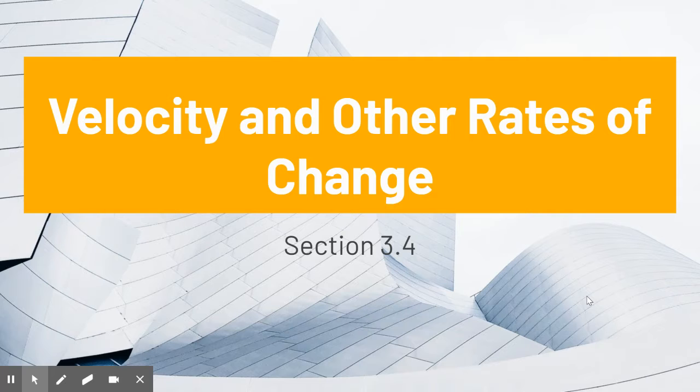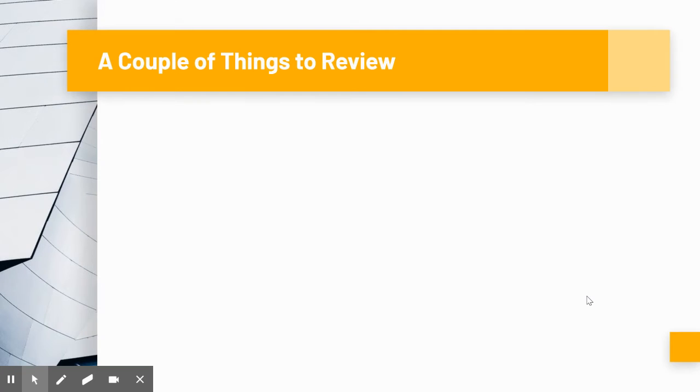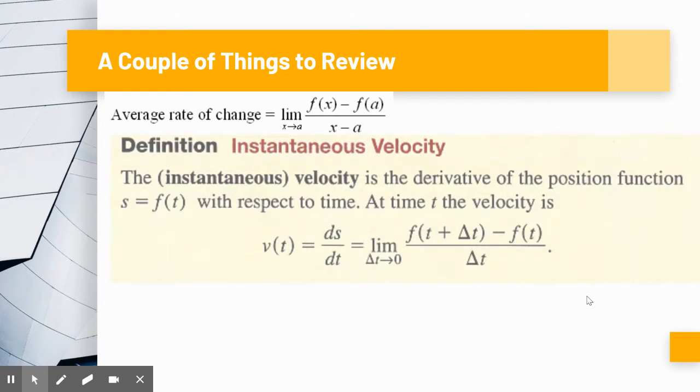So here we go. There are a couple things that we need to review. Okay, first off, your average rate of change formula. Again, assuming that I have 2 points, some point x and some point a, your average rate of change is just going to be f of x minus f of a over x minus a. And as we get closer and closer, our average rate of change is going to approach our instantaneous rate of change.